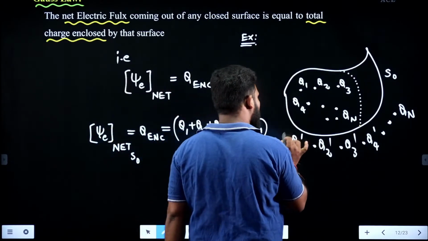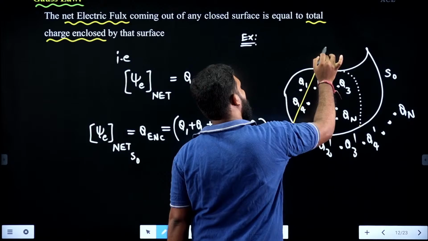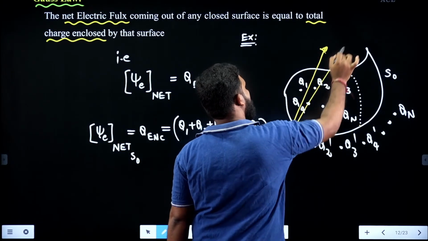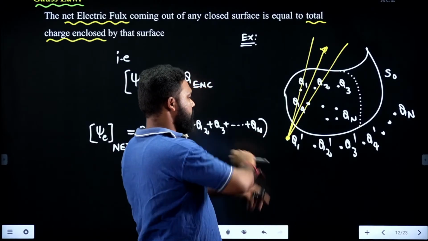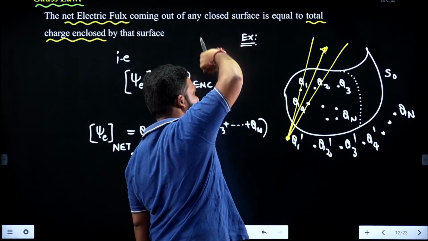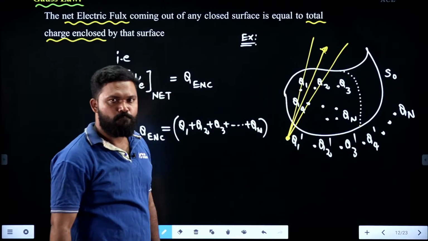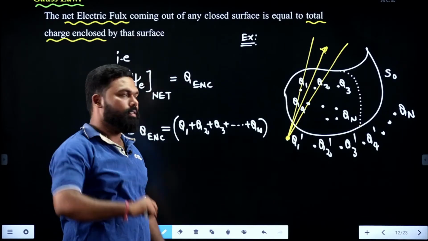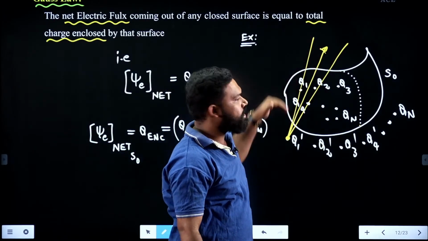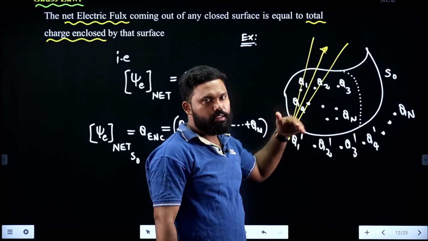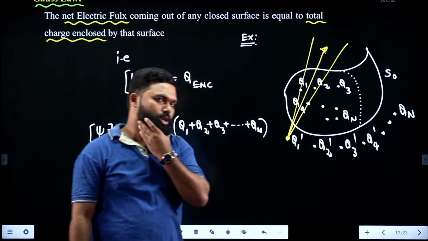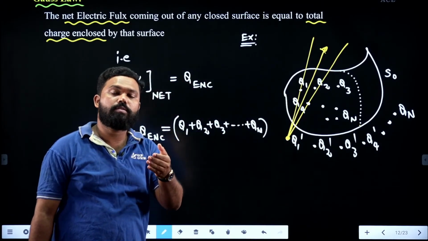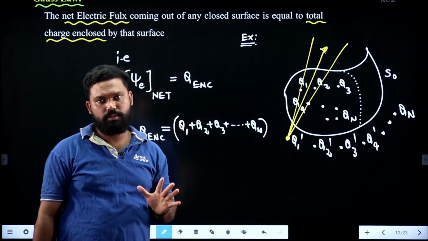If the charge is outside, for example, 3 lines are entering and 3 lines are leaving. These lines puncture the surface and come out the other side. So what is the net here? 3 minus 3. Net is 0. So the net flux contributed by a charge outside the closed surface is 0.